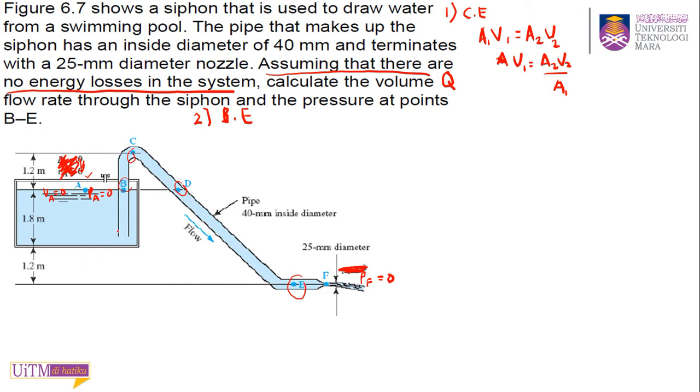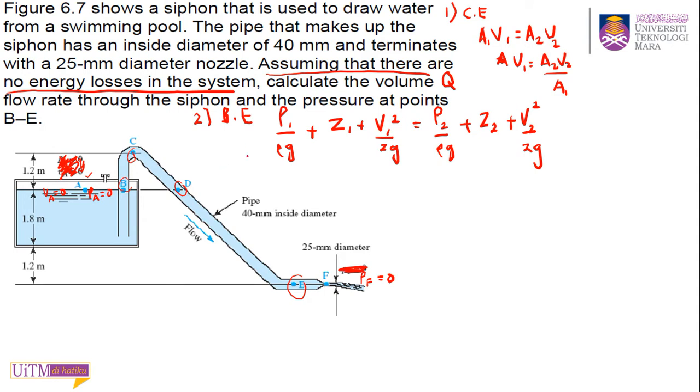So I take one point at A and second point at F. So P1 over rho G plus Z1 plus V1 squared over 2G equal to P2 over rho G plus Z2 plus V2 squared over 2G. So this is your Bernoulli equation.